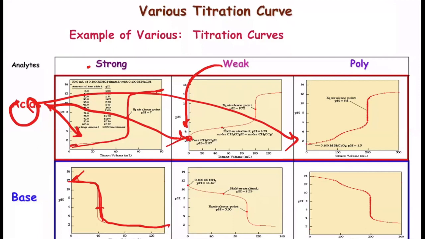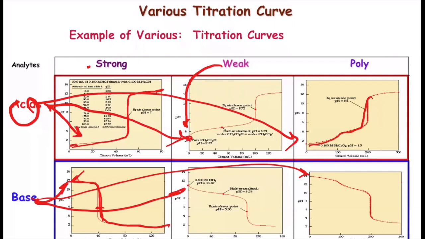You know it's a base because the original pH, when zero titrant is added, is always above 7. You know it's strong because it goes through 7. You know it's weak because the equivalence point is above 7. You know it's poly because it's got two inflection points. So those are the features that I want you to see based on different variations of titration curves.